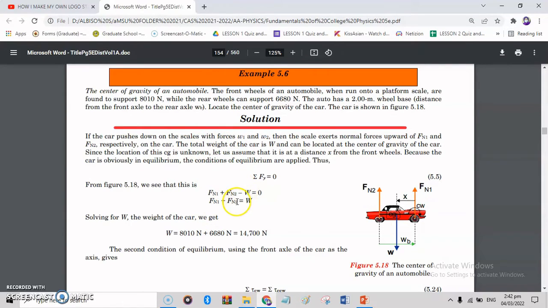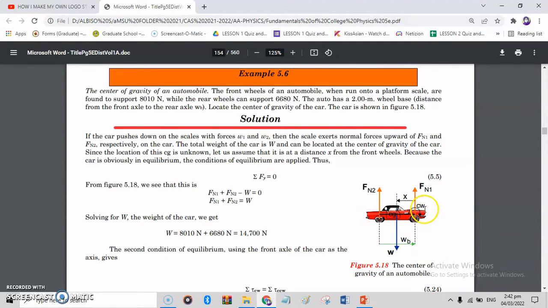Now, this will look like this. Fn1 plus Fn2 is equals to W. Nilipat mo lang siya sa right hand. Now, we have the values for Fn1 and Fn2 na 8,010 at saka 6,680 Newton. So, you have a weight na 14,700 Newton. Ang tanong, saan banda siya nakalocate sa car?